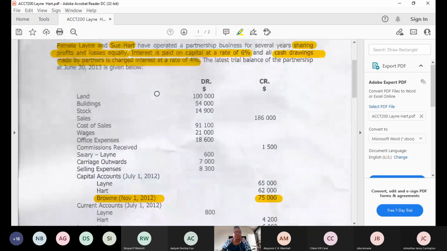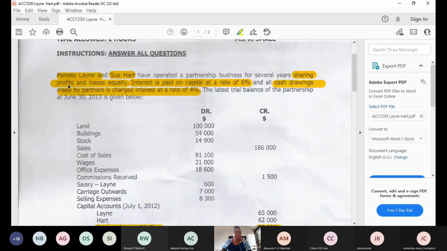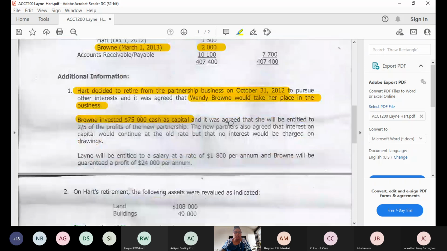Let's see what the old partnership was. The old partnership was equal. So Lane was getting half, Sue was getting half. That was the old agreement. But now under the new agreement, Brown will be entitled to 2/5 of the profit of the new partnership. So if Brown is getting 2/5, how much is Hart getting?